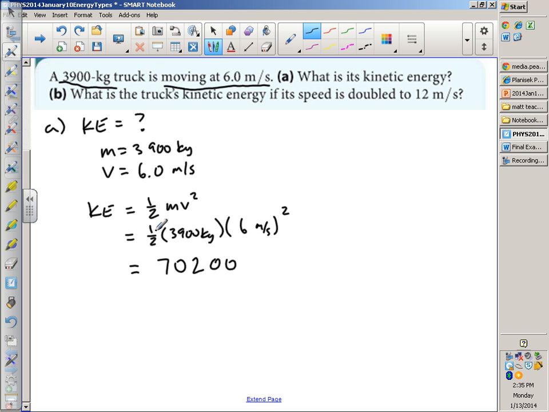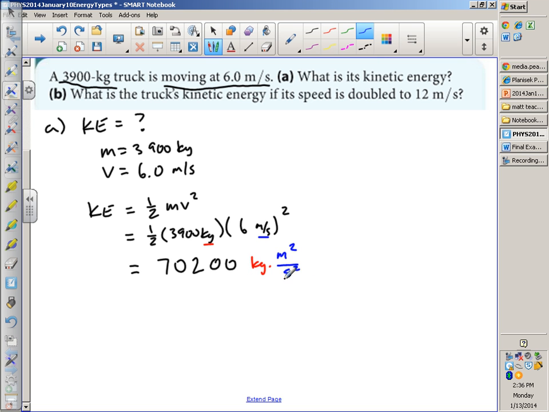Let's take a look at some units. So here, right, unit of mass, we got the kilograms, okay? And then here with velocity, we've got meters per second, but what did we do to that unit? We squared it, right? So now it's meters squared over seconds squared. Nothing cancels there, right?